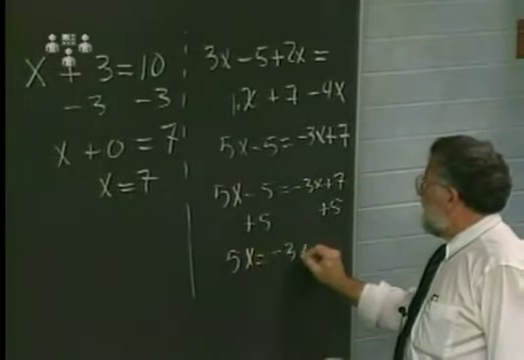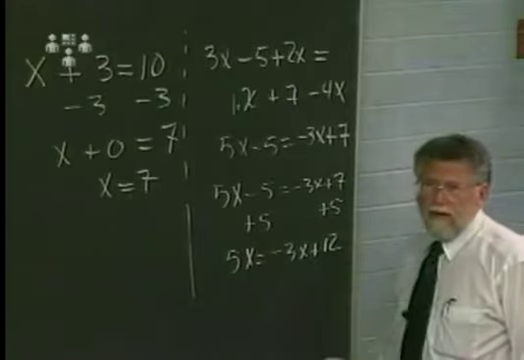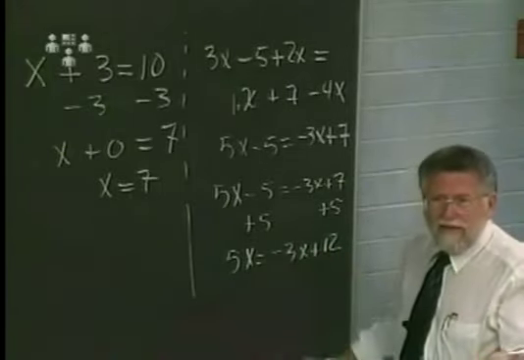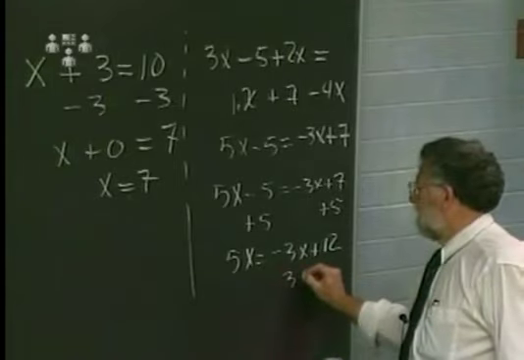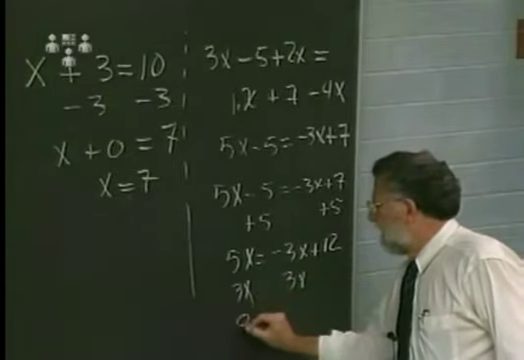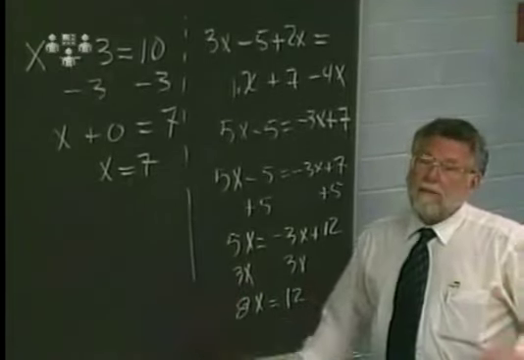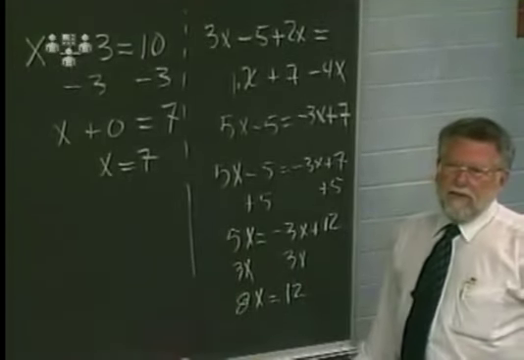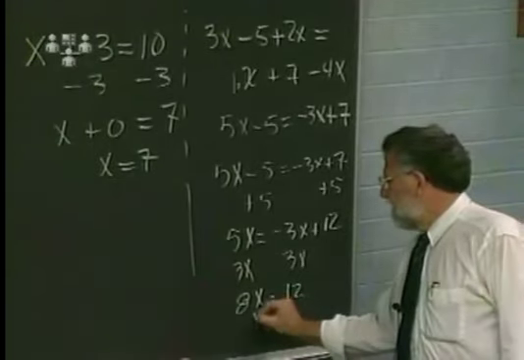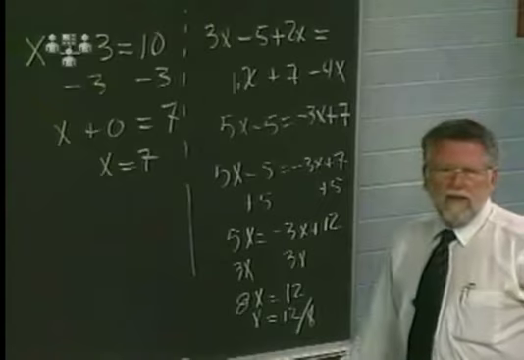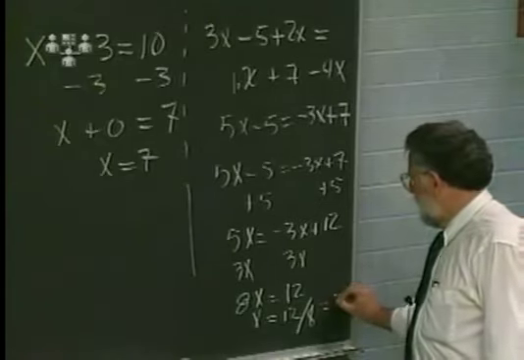On the right, negative 3x plus 12. Now what? I don't want this here. Add its inverse. 8x equals 12. Then you divide by 8 and get x. Agreed. So x is going to be 12 over 8, and you reduce that, which is 3/2.